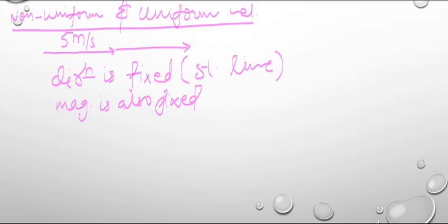Here the magnitude is always 5 meter per second. After the first second, after the second, after the third second, after any interval of time in this motion, the magnitude is always 5 meters per second. And here students, the direction is a straight line. The object is moving in a straight line.